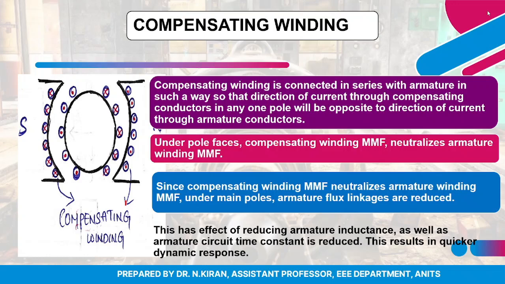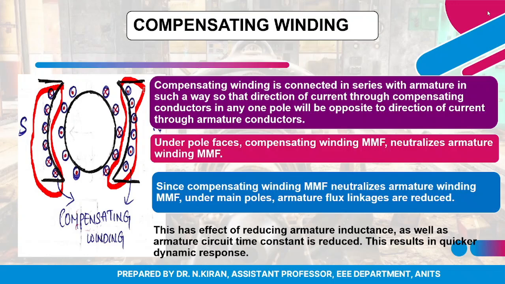Here the compensating windings are placed, as you can see, in the face of the field poles, and the windings are connected in series with the armature winding such that the currents in both are opposite to one another.